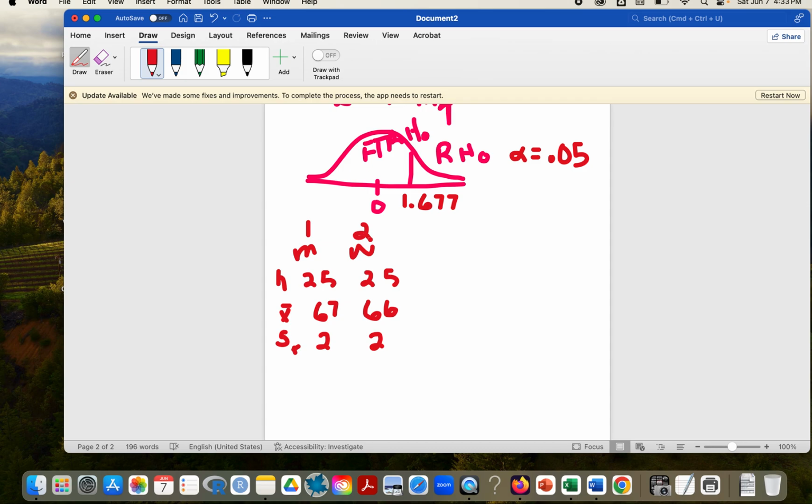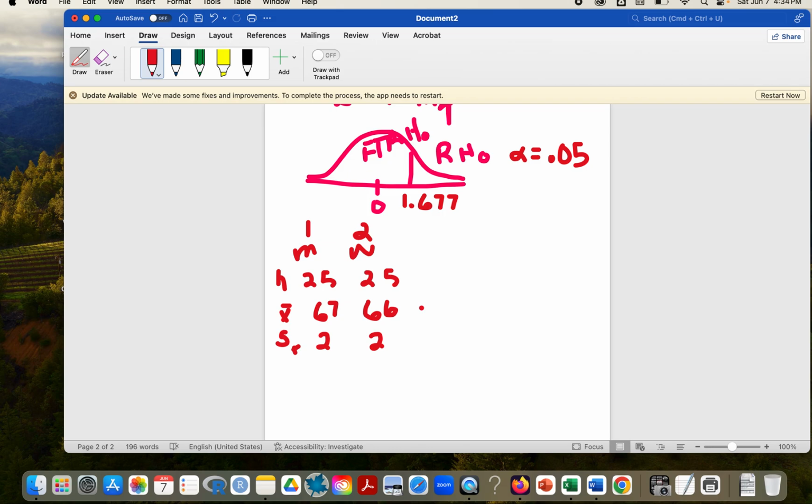My apologies if I'm offending, but I'm just trying to keep things straight, and I have the left column, and I want to make sure that goes in the 1, so I don't screw things up. So x1 is going to be 67, s sub x1 will be 2, and n1 is 25. The x2 is going to be 66, s sub x2 will also be 2, and n2 will be 25.